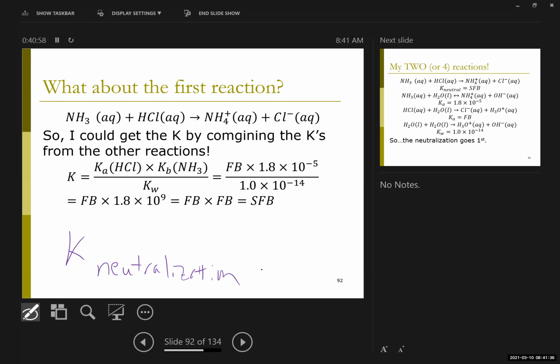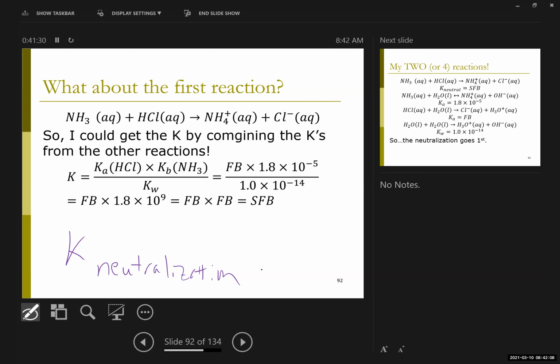The reason I hate it is because it implies neutral. And so in your head, it's like, oh, pH 7, which is really not, generally speaking, the case. But as much as I may hate it, we are bound by tradition. And so this is sometimes referred to as a K neutralization. And again, I can always calculate it from the acid and the base.